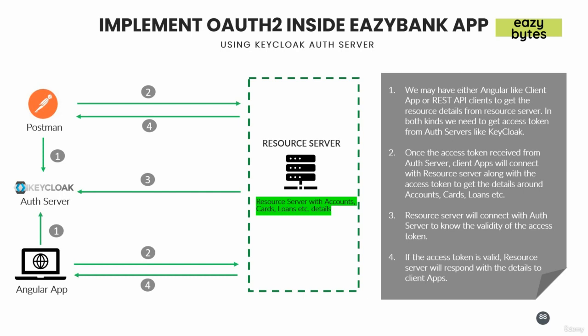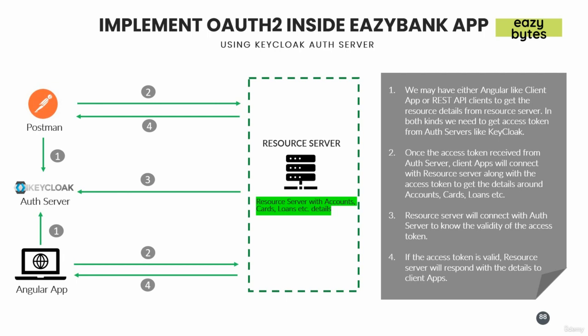So in order to incorporate OAuth2 login authentication and authorization inside my EazyBank app, I need to consider authorization server products like KeyCloak, Okta, ForgeRock, and AWS Cognito. All these products are dedicatedly focused on providing the OAuth2 framework for complex web-based applications.